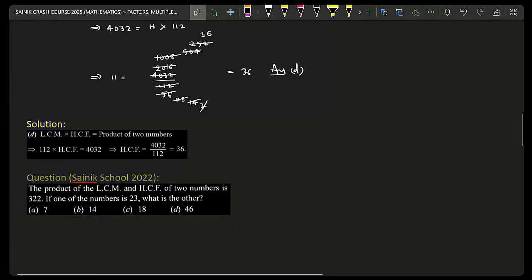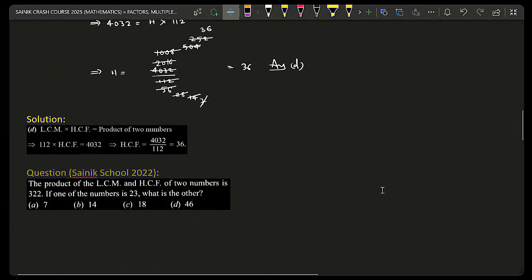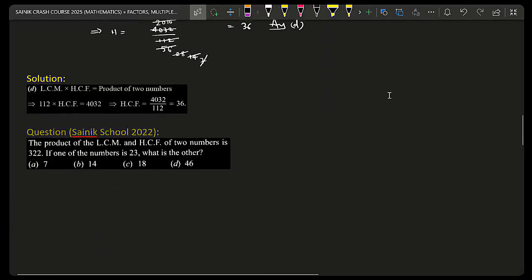Okay, now can you explain this question? Sir, the product of the LCM and HCF is 322. If A is 23, B is not known. So what is the property I have to write? A into B is equal to H into L. Yes.